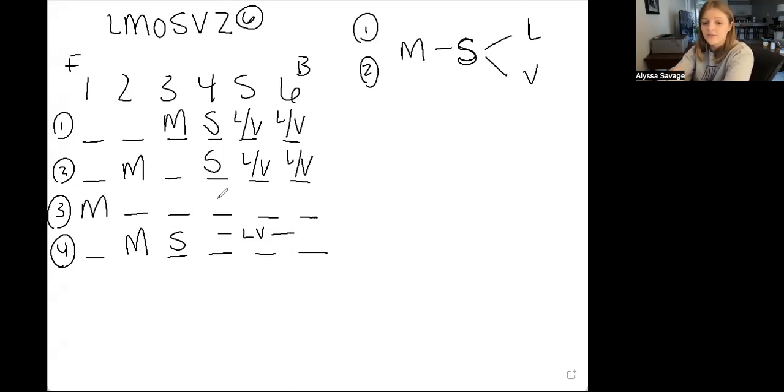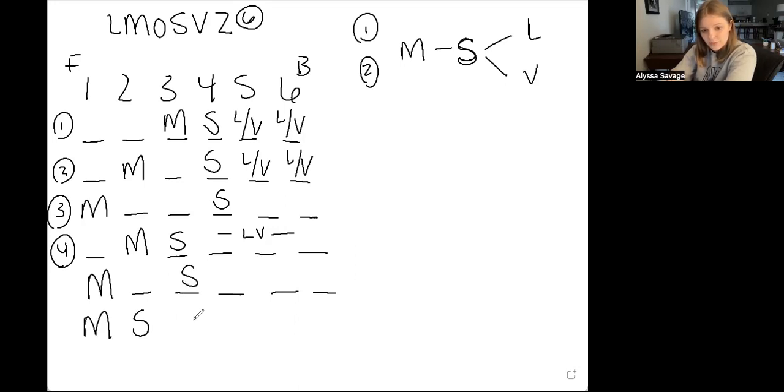I could put S at 4. I could also put S at 3. And I could put S at 2, because it's still giving me enough space to work with L and V.